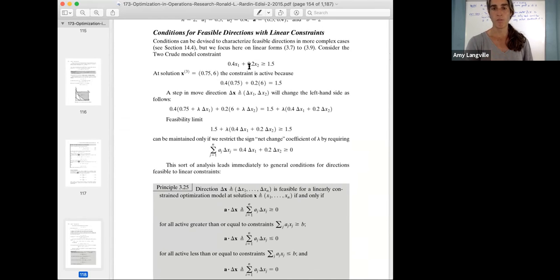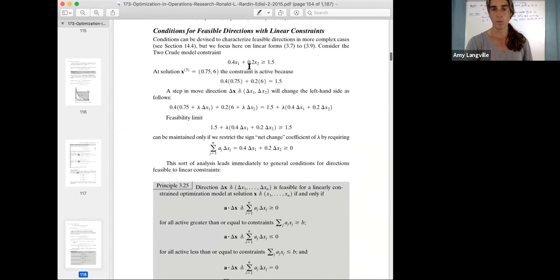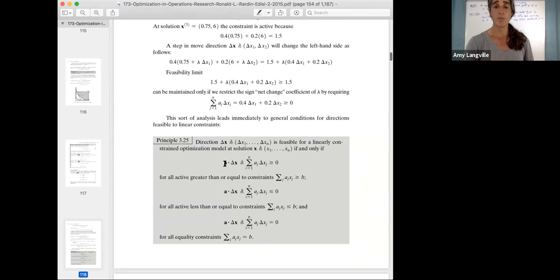So you just strip off the coefficients on that constraint and put them in a vector called a. If you dot that vector with your direction vector, it will be feasible if that turns out to be positive for all active greater than or equal to constraints. So if you have a dotted with x greater than or equal to b, and that dot product is positive, then you're feasible.